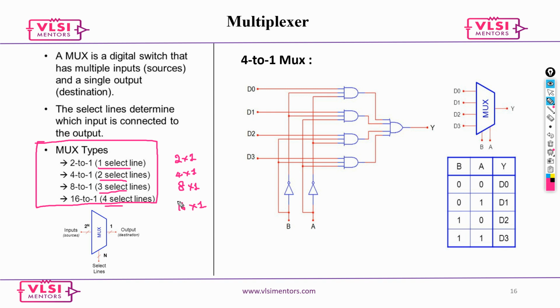Now, what is the formula for this? Say, for example, on a simple note, 2 cross 1. What is going to be the formula?